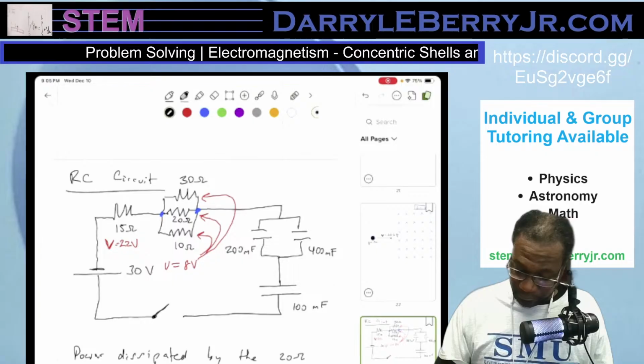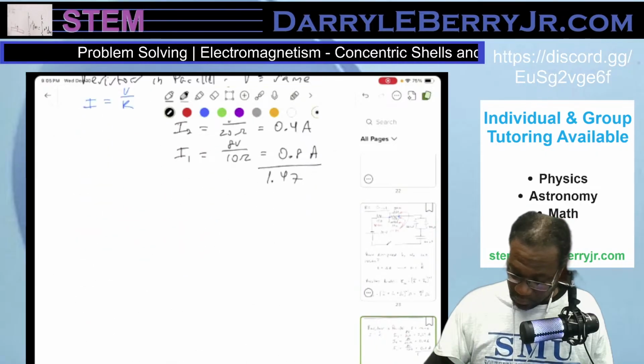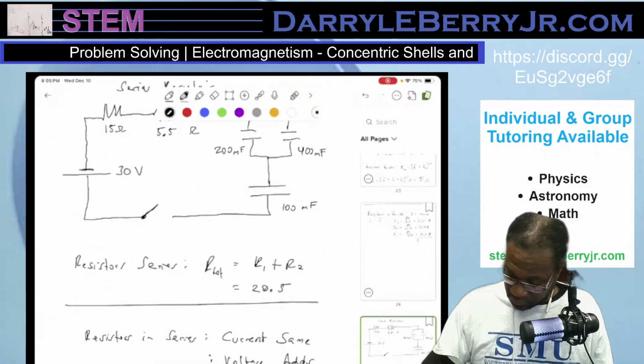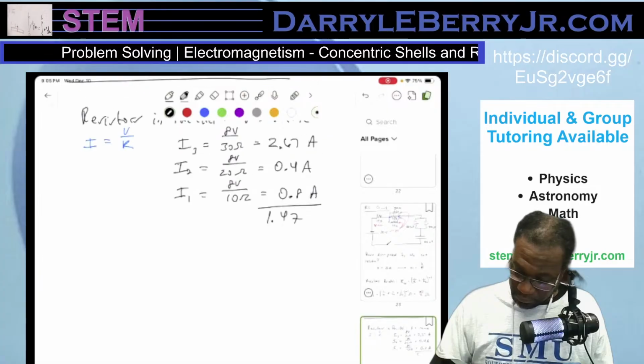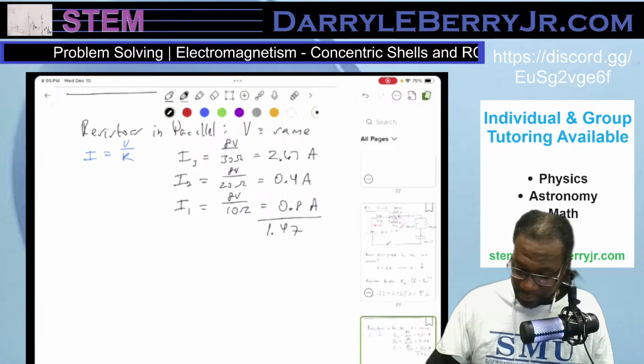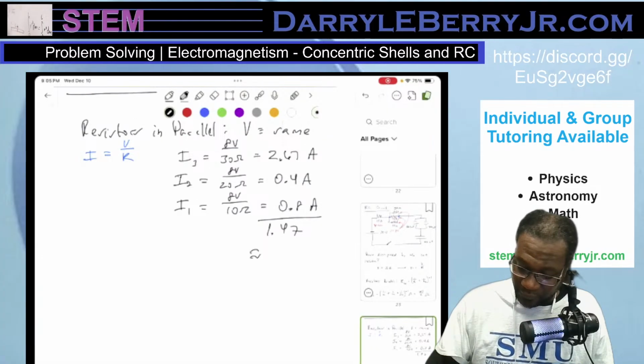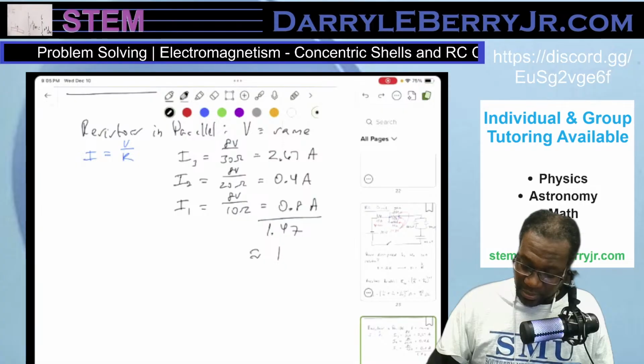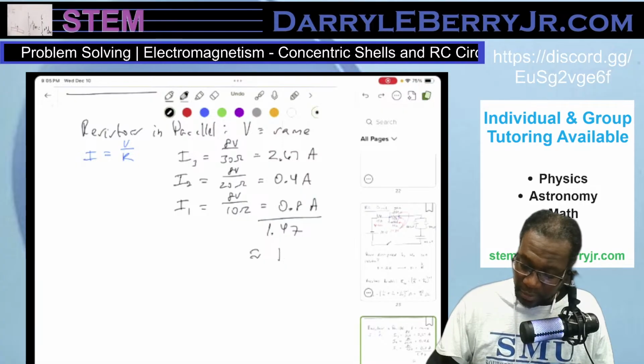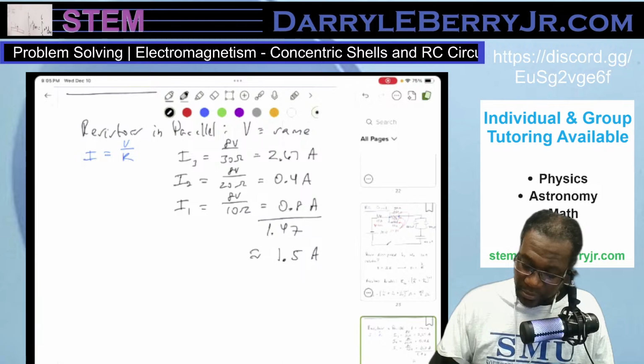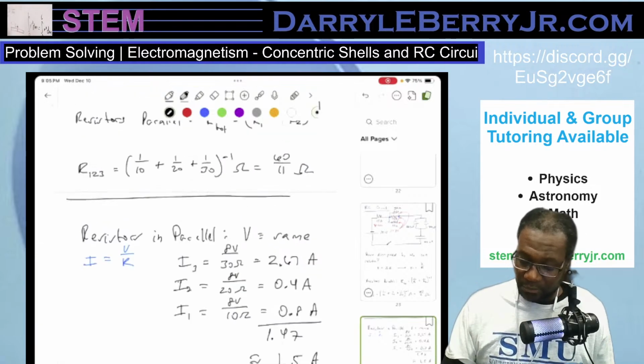So hold up. A little bit of rounding there, but it's pretty much 1.5. So that means it does work out, since the current through this circuit is just what it is.